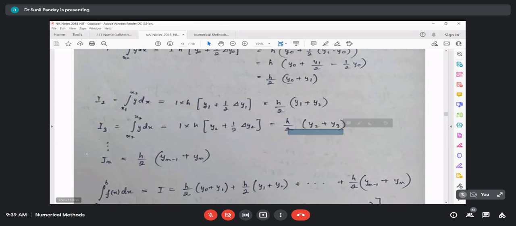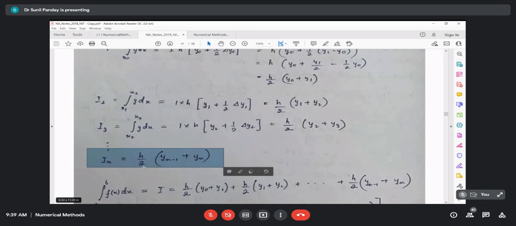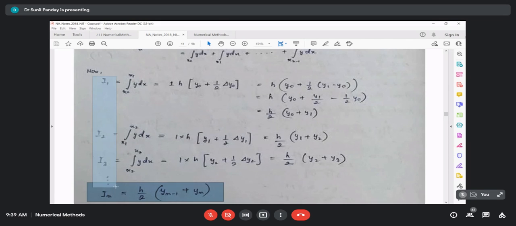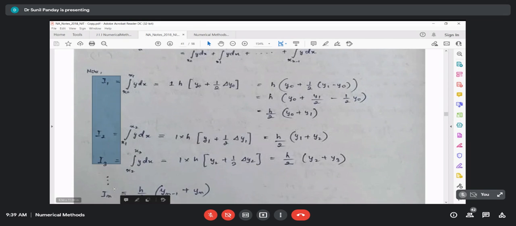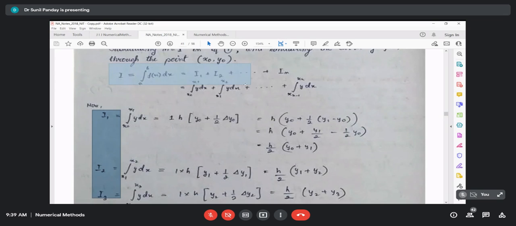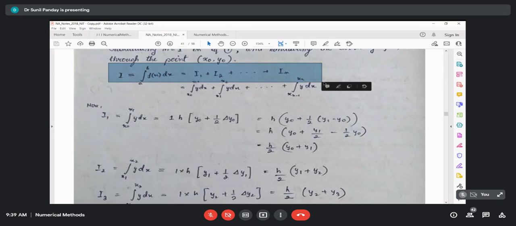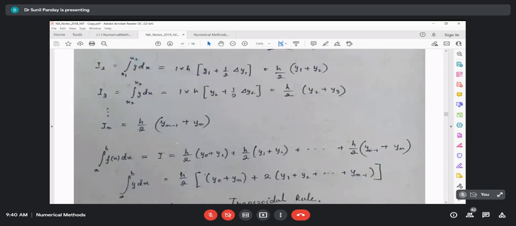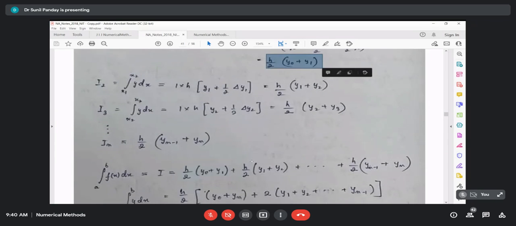So in general, in IN, I have h by 2 times yn minus 1 plus yn. Now I add all these approximations, because I is I1 plus I2 plus I3 up to IN. I1 is calculated here, I2 here, I3 here, and IN here.